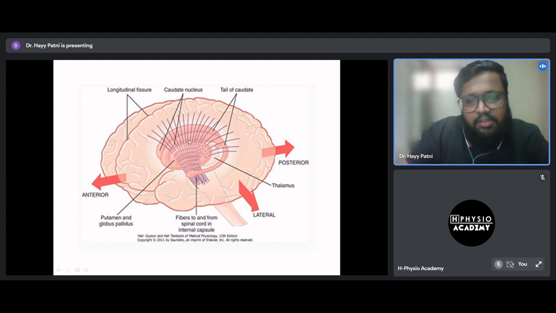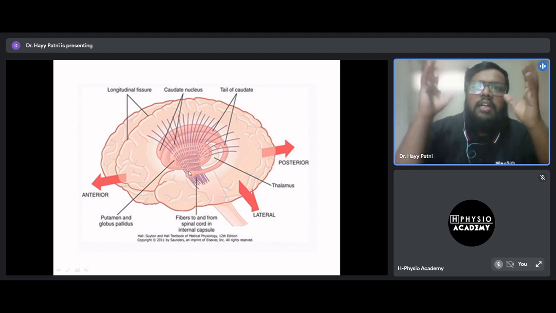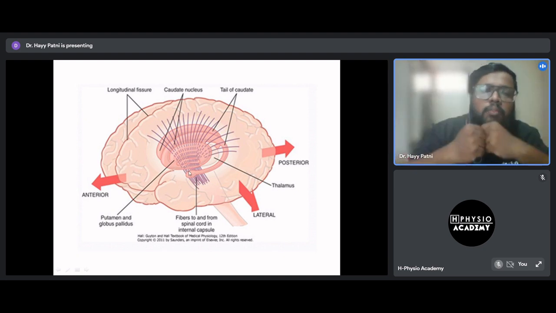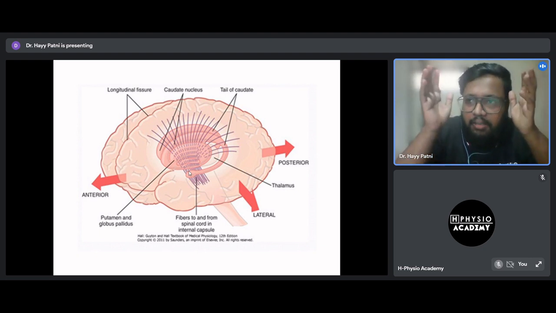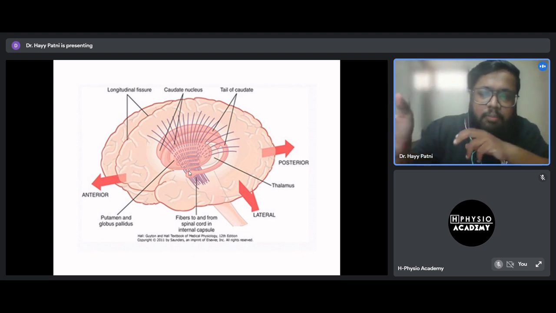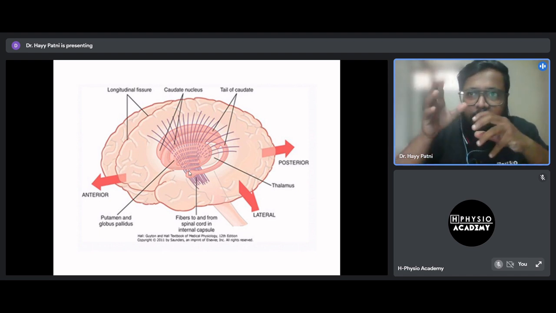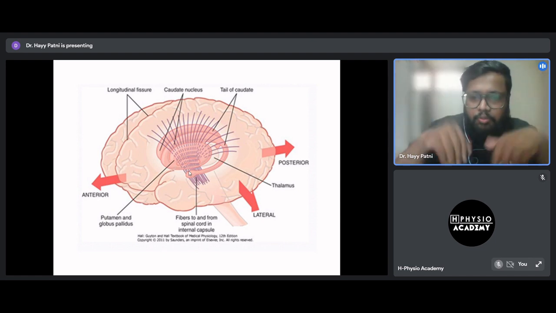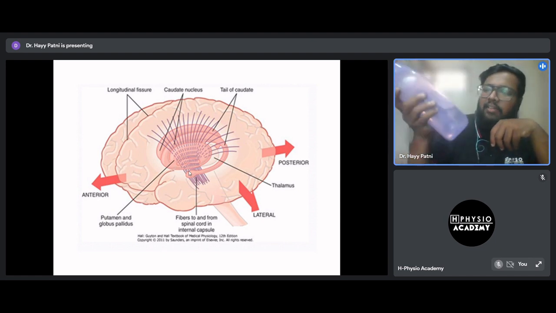Now, why is this a C shape? Why does the caudate have to get that much information? Why is that C shape so important? Because when we are talking about a cognitive control of a movement, the caudate actually perceives you as a person. Basically, let's have an example.